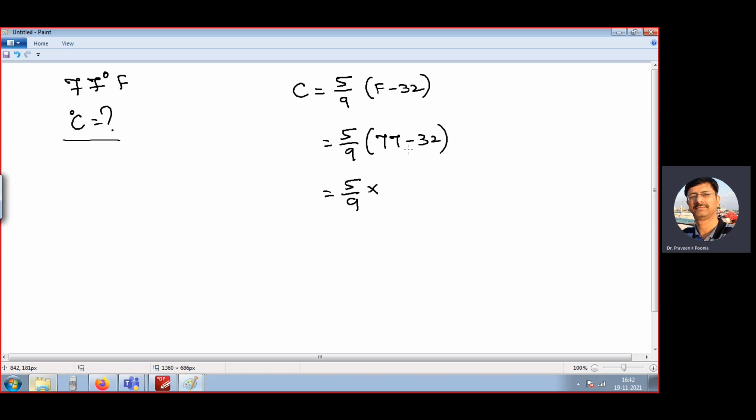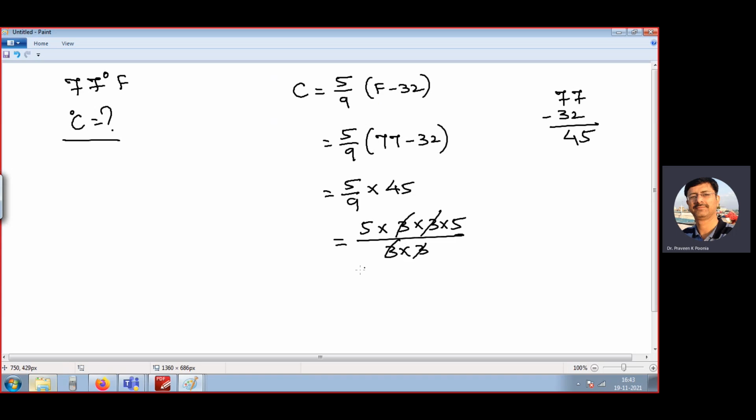If you subtract, 77 minus 32: 7 minus 2 is 5, 7 minus 3 is 4, so 45. Clear? Now find the factors: 45 is 5 into 3 into 3, and the factors of 9 are 3 into 3.